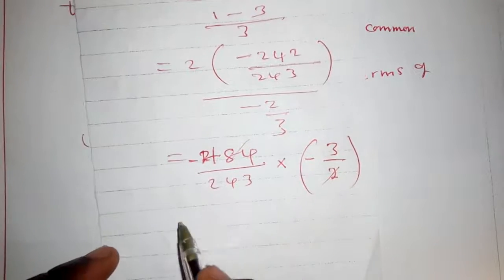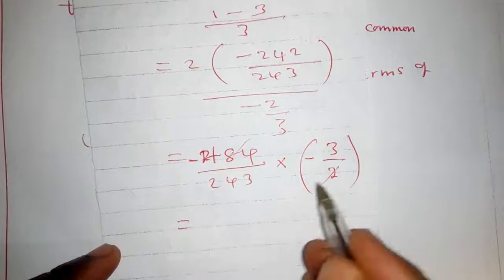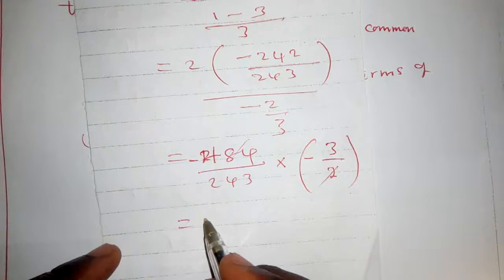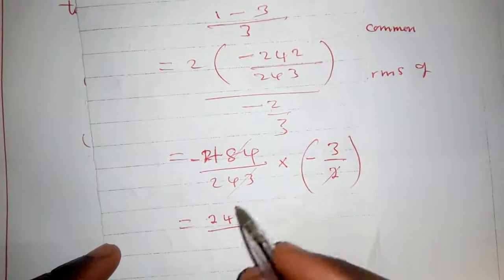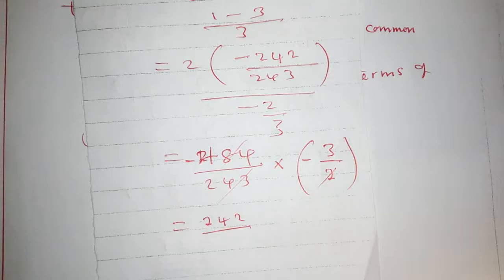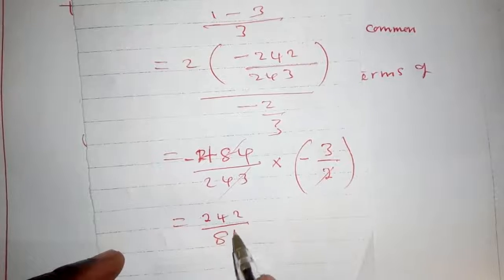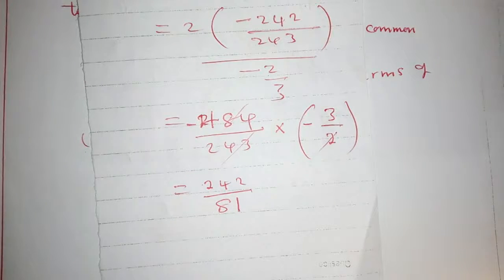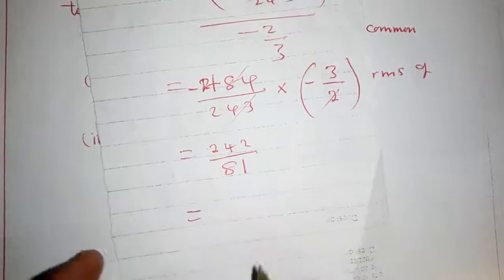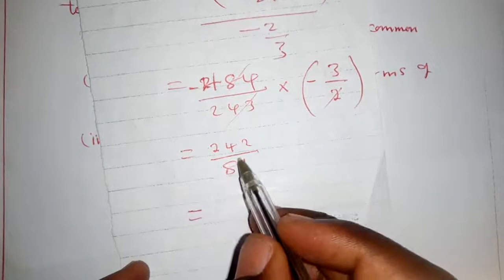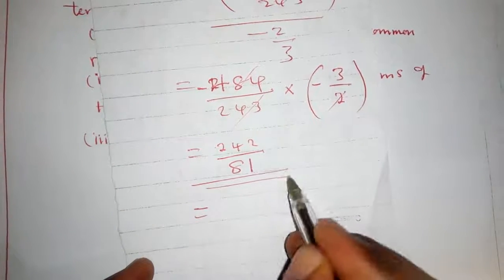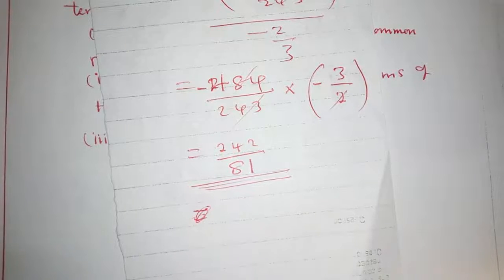So this can go into this. So we have 242 over this into this. So 243 divided by 3, can it go? Yeah, it's 81. So here we have 81. To finish it, you can reduce if you want. If you want, you can leave it like this. There is no harm if you leave it like this, it's okay.